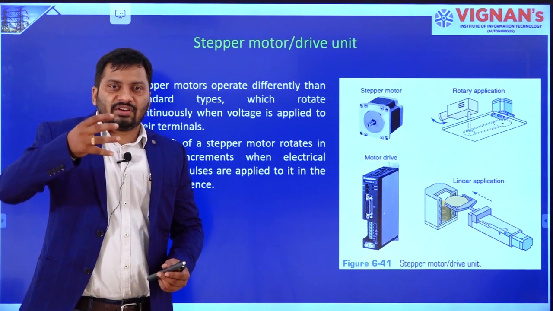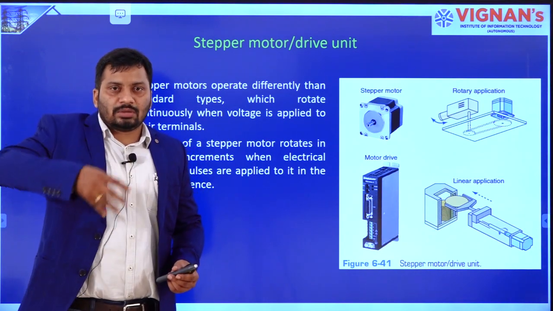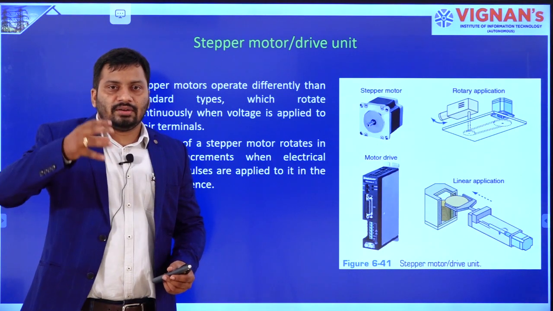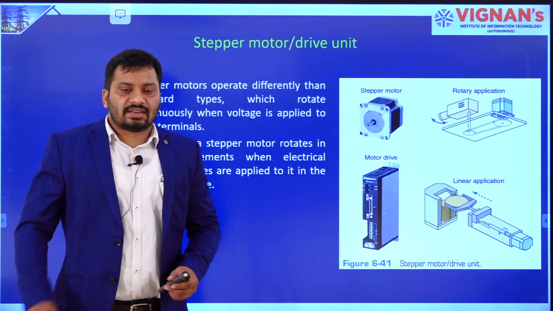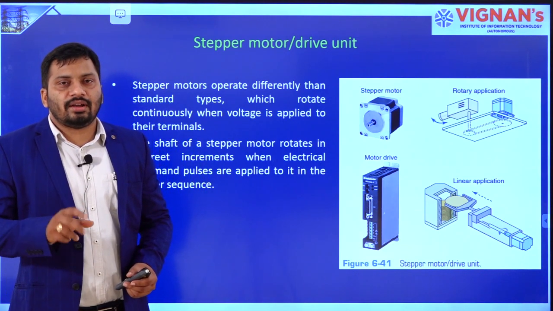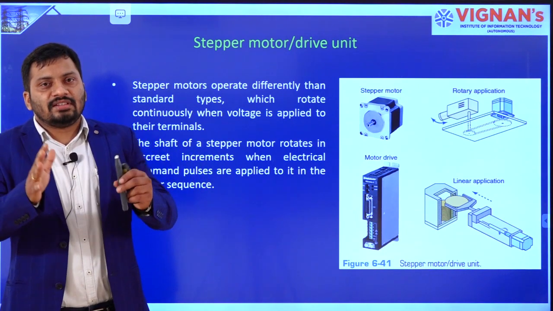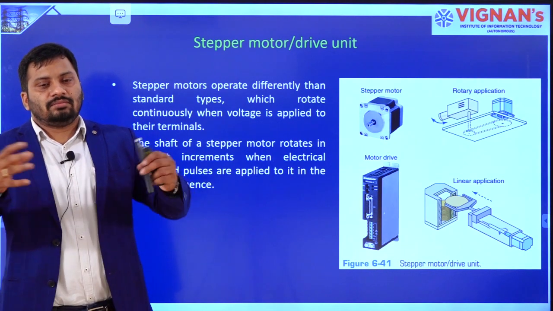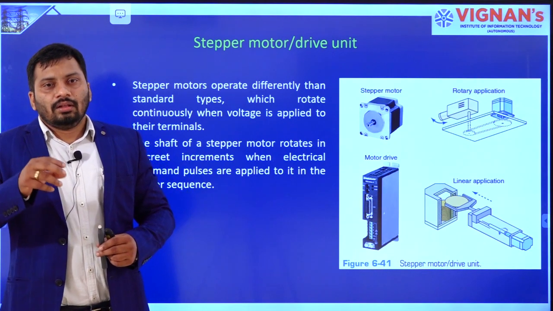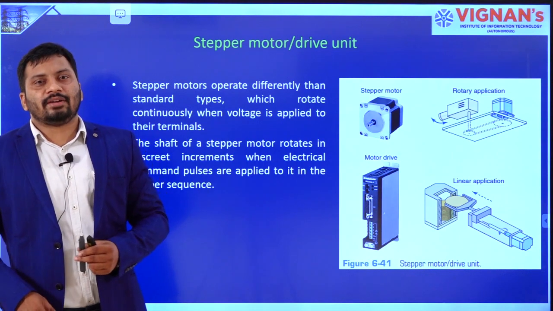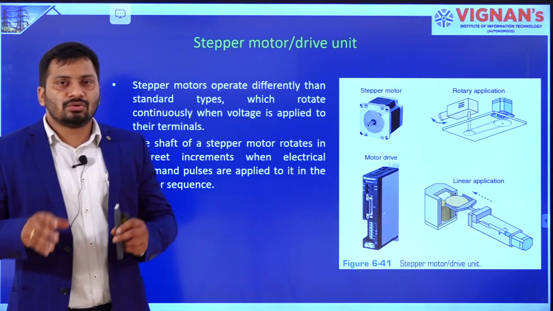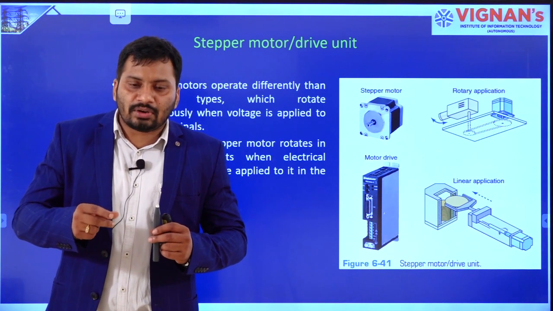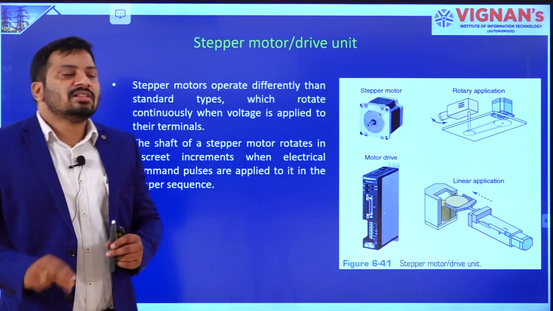Whenever you apply a sequence of pulses through the internal coils, the motor is going to move stepwise. How much it rotates per step depends upon the number of teeth we have internally, as well as the sequence of pulses you are applying to the internal coils. So finally, a stepper motor is used to rotate the motor shaft in steps, right.